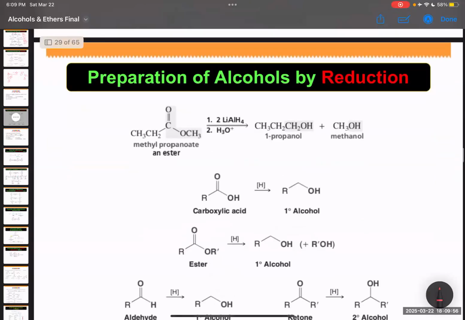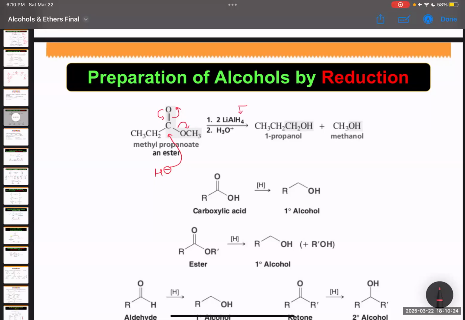Look here. So first H minus is going to come in, and this is going to form O minus. But as I told you that the C=O double bond is very stable, so it is going to form the double bond O again, and this OCH3 is being replaced. So you are going to get an aldehyde first, but the reaction is not going to stop because you have four hydrides.